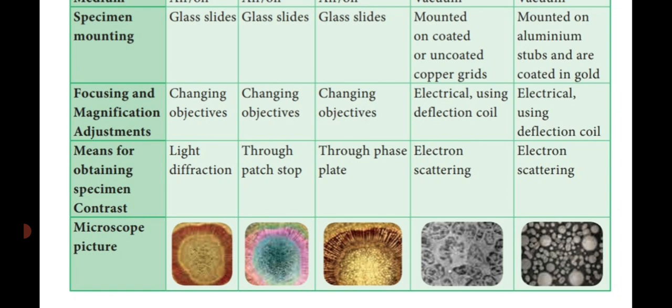And the last diagram shows a very clear picture of the objects. So that is the difference between light, TEM, that is transmission electron microscope, and SEM, scanning electron microscope.